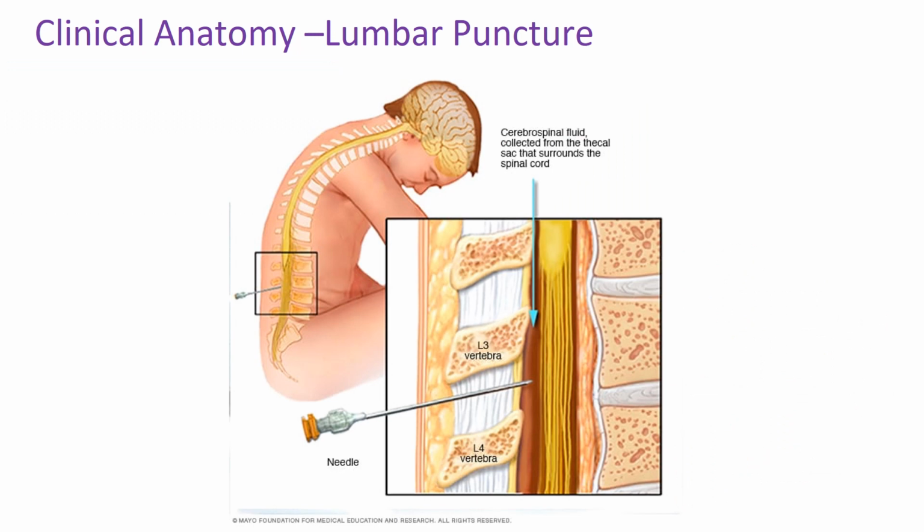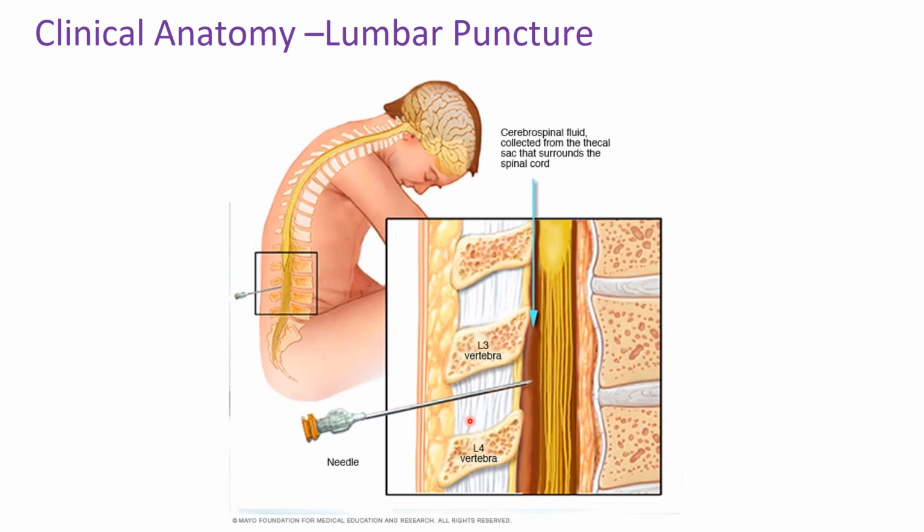So our first clinical anatomy correlation is going to be a lumbar puncture. A lumbar puncture is a procedure where you're draining CSF fluid from the subarachnoid space to try to analyze for possibly meningitis or other causes. The important thing here is that we're putting a needle into the region where we're at risk of endangering the spinal cord.